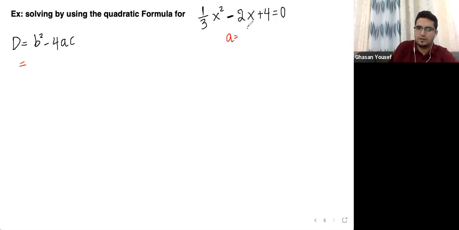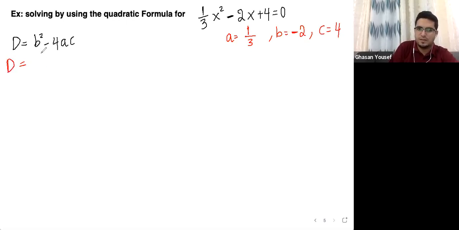Yes, Matthew, this is correct, 1 over 3. And what is b? It is minus 2, not 2. Yes, exactly, minus 2. Don't forget the minus. And what is c? It is 4. Now you plug these numbers inside this formula.